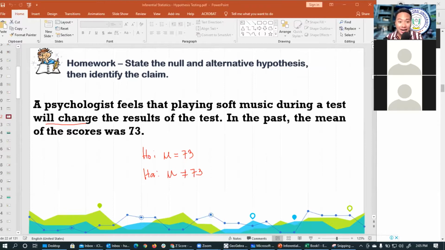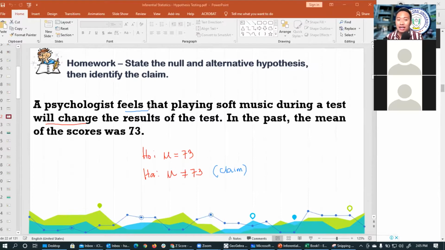Which one is the claim? The claim for this problem, guys, if we're going to reread the problem or the situation, it's going to be the alternative hypothesis. A psychologist feels that playing soft music during a test will change the results of the test.